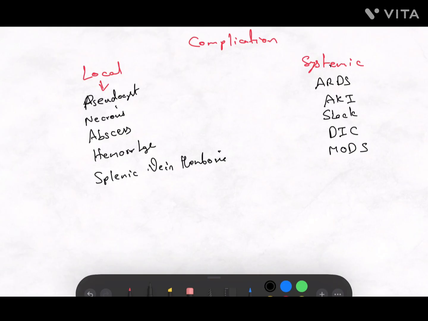So in emergency management, whenever a patient is admitted to the accident and emergency department, first we have to do the primary survey: airway, breathing, circulation, disability and exposure. If the patient has any shock or organ failure, severe necrosis or acute respiratory distress syndrome, we have to refer to ICU.